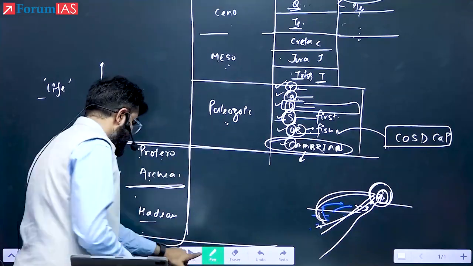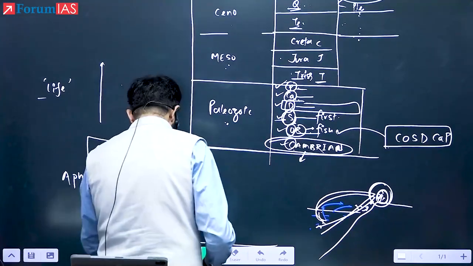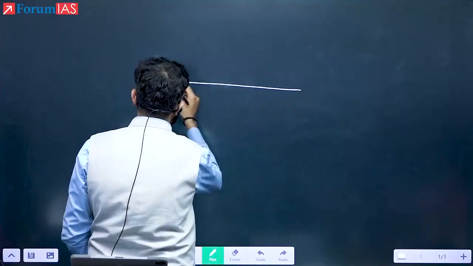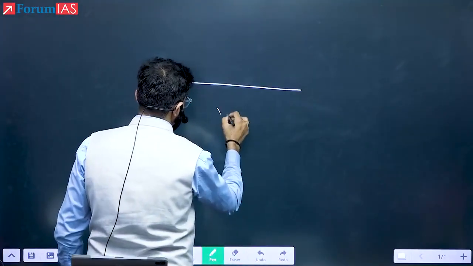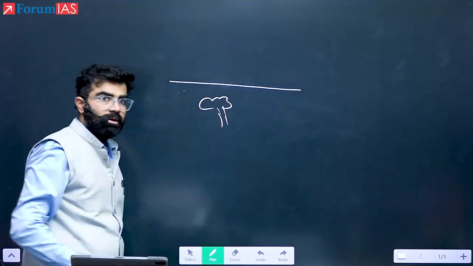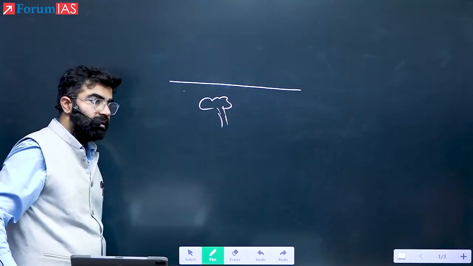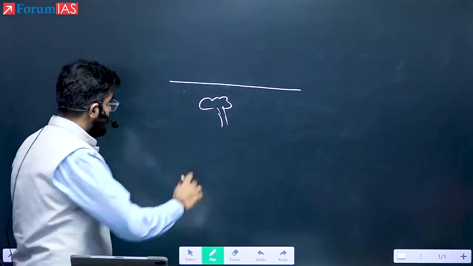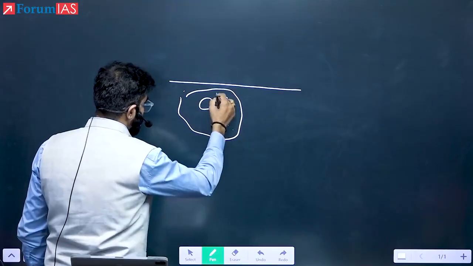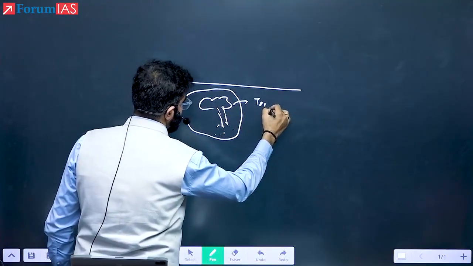Please remember this with logic. For example, this is some tree which was trapped inside the earth. Why? Because the earth was going through a lot of volcanic eruption and plate tectonic activity. Over a period of time, with temperature and pressure.